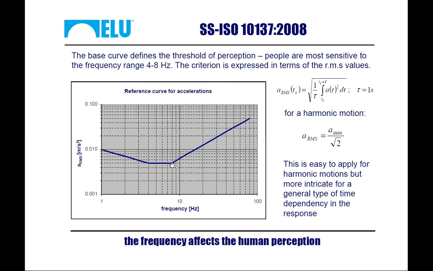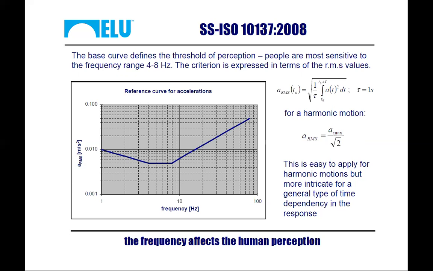If the frequency of the motion is between these two values, 4 and 8 hertz, then the threshold values for the accelerations will be at their minimum. And this is to mark that people do not respond in the same way for various frequencies of the motion.